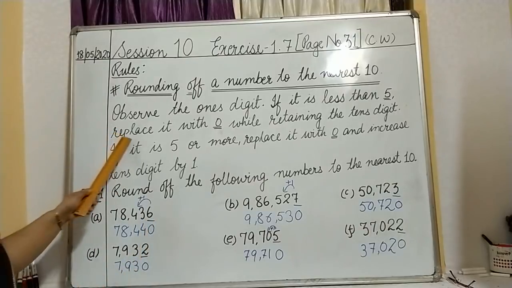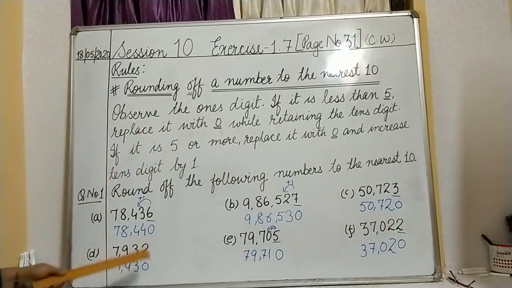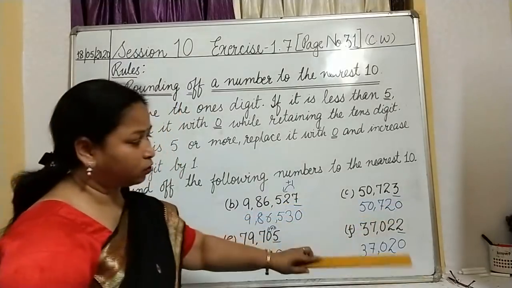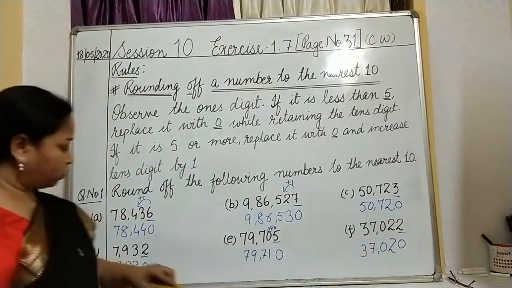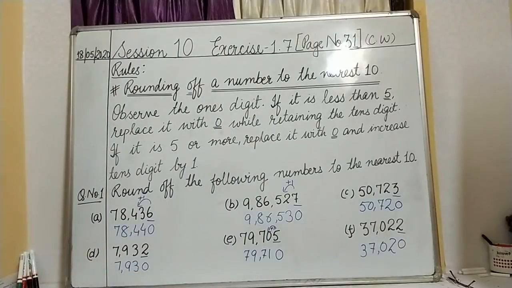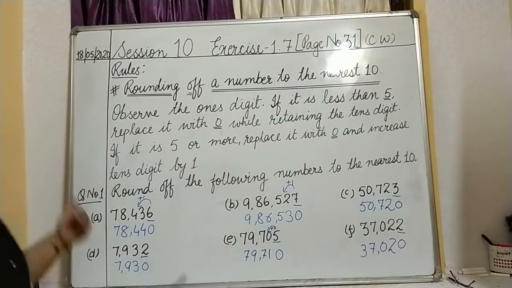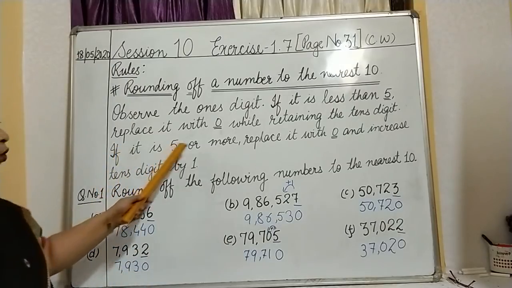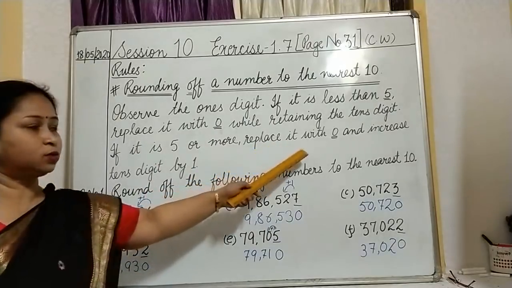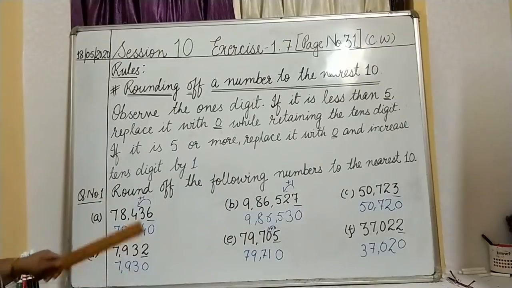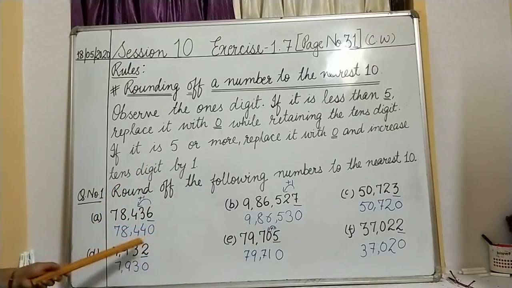We have replaced it with 0. As you can see in question number C, we have replaced it with 0, question number F also with 0, and question number D also with 0, and then we have written the leftover numbers. But if it is 5 or more, replace it with 0 and increase the tens digit by 1. Those choices are also given over here.